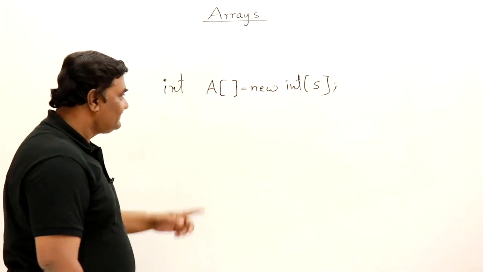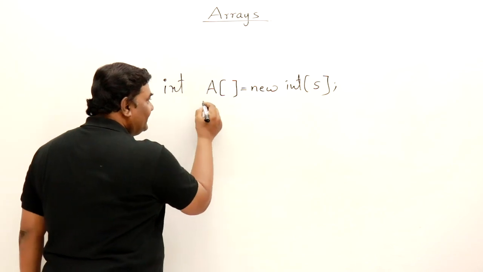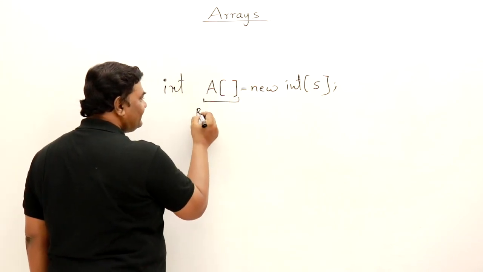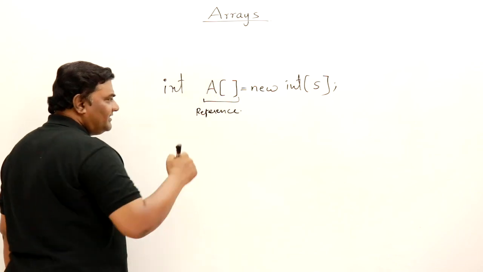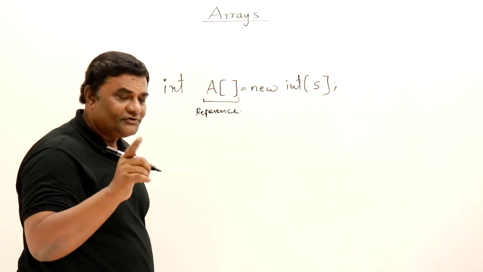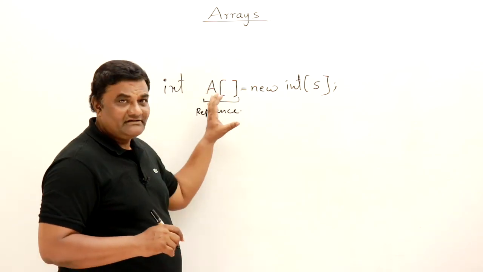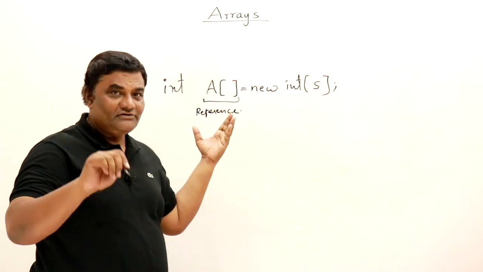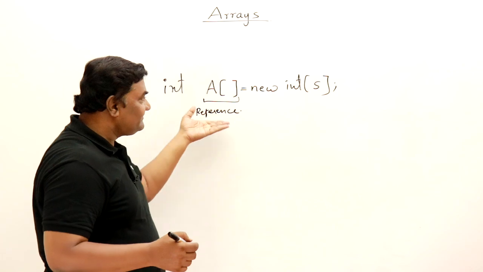How it looks like. See, this is the data type. This is called the reference of an array. This is the reference. So if you remember in the topic of strings, I have shown you that this is a reference. Whatever is there before the assignment, I was showing that str I was using, that was a reference. So yes, here is a reference.